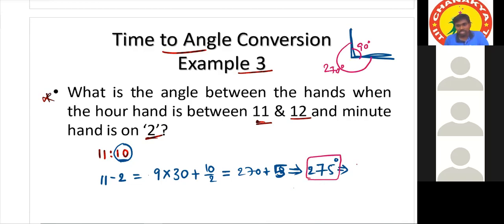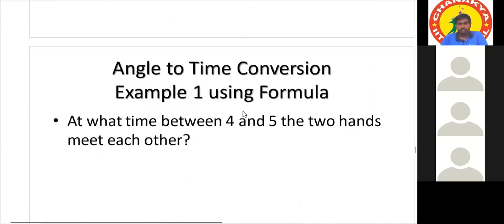What is the other angle here? 85 degrees may be available in the options. Any one will be given, but both will not be given in the options at the same time. Generally 85 will be given, right? Clear?